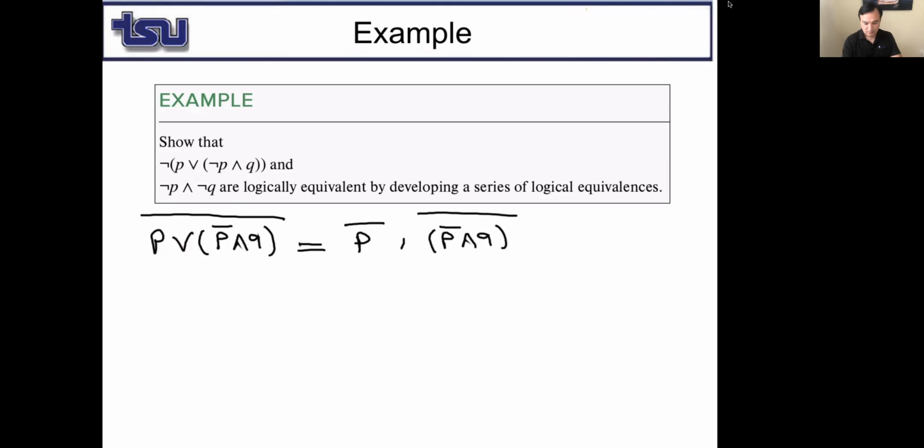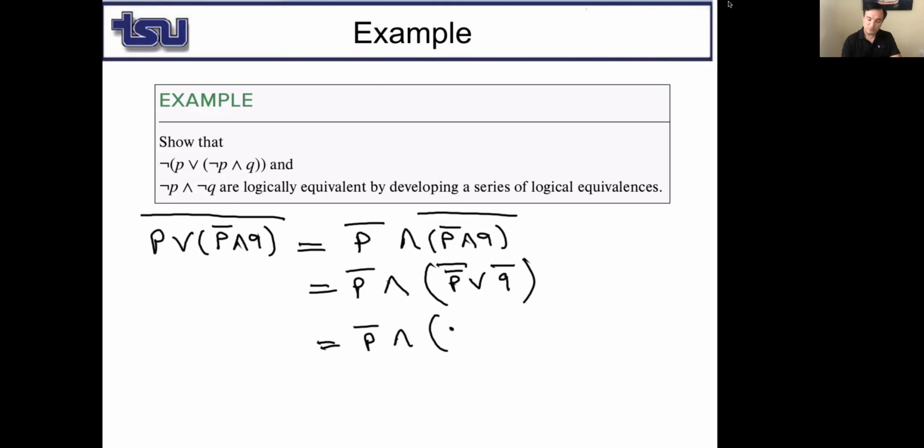And, okay, right there. Then I will leave this P naught, and here I will take the inverse of inverse and inverse of Q, and this and becomes or, okay? So here P inverse and inverse of P is what? Inverse of P is P or Q naught, right?